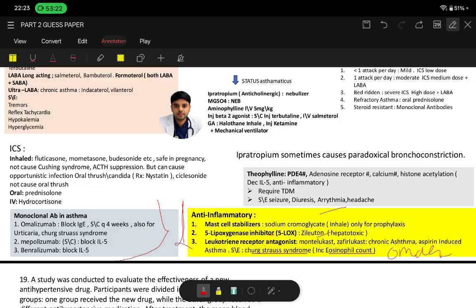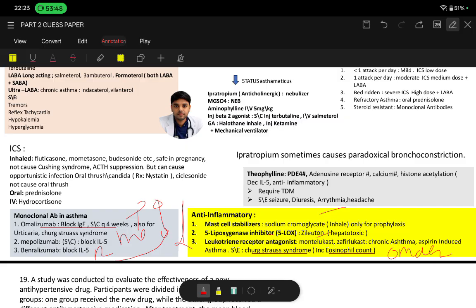Omalizumab, I said, blocks the IgE. Next one is mepolizumab. How to remember? Mepolizumab. See, me polling every 5 years. So mepolizumab blocks IL-5. Benralizumab is an interleukin 5 receptor blocker. Got it?